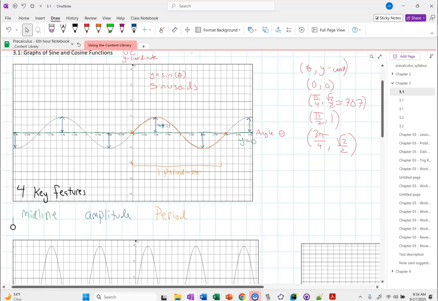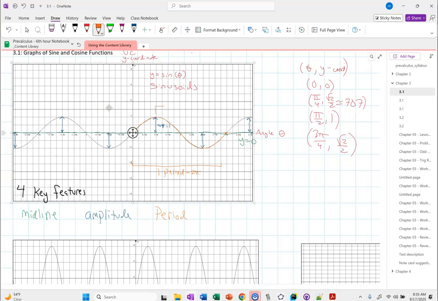Now, do you have to measure the period that way? Sometimes it's easier, if you're looking at the picture, to go from high to high, or from low to low, or some other spot to the corresponding one. You can measure your period from any starting location.